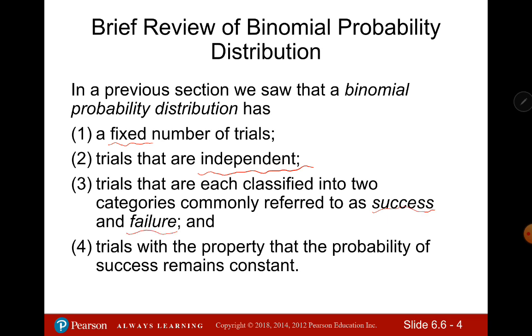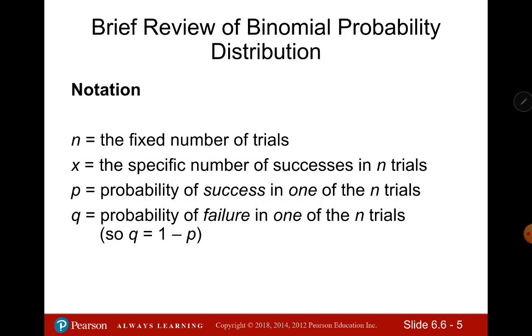But success is not necessarily good, and failure is not necessarily bad. And the probability of a single success, p, remains the same for each trial. All the notation is the same as in the binomial distribution, so don't forget what p and q are.